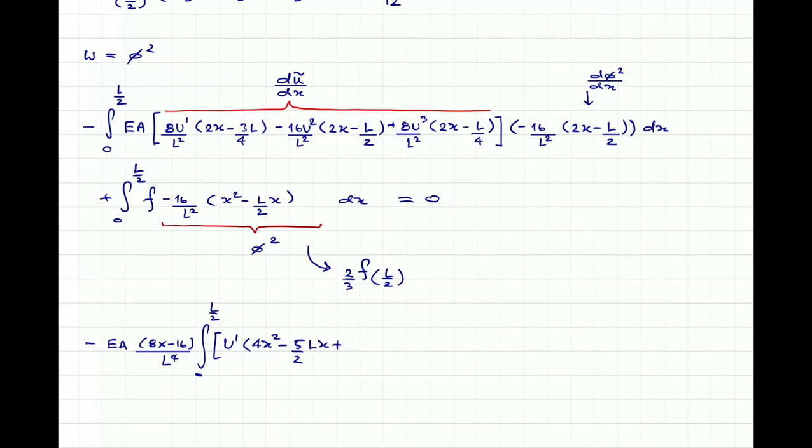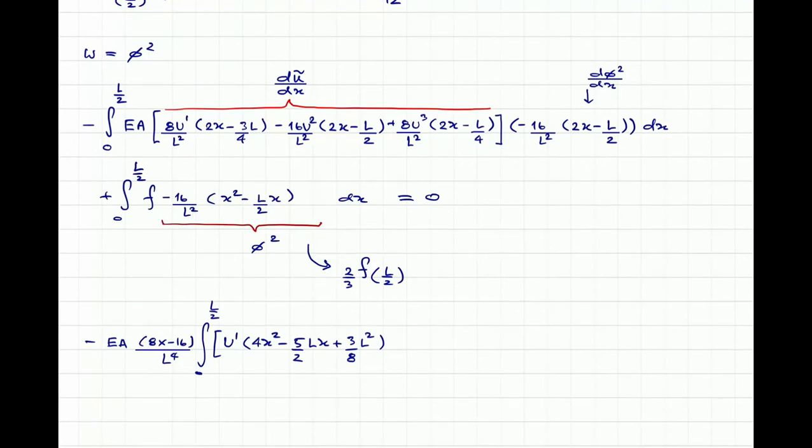Plus, oh no, minus, oops. Oh yeah, plus. Okay, so plus 3/4 and 1/2, plus 3/8 L square. This is for U1.